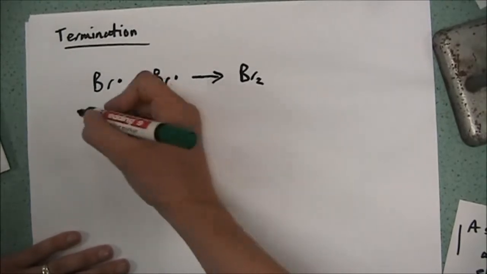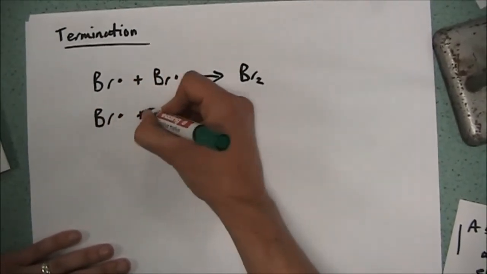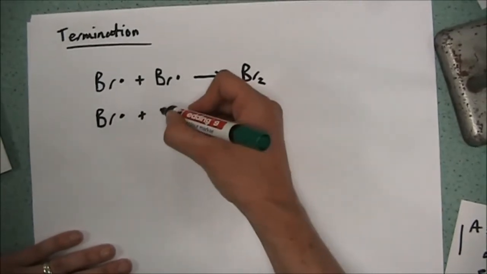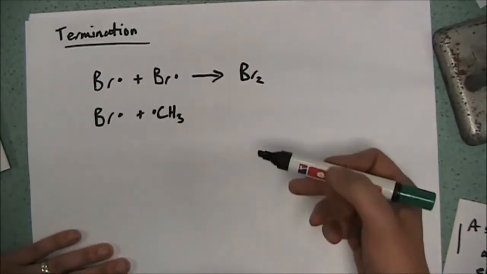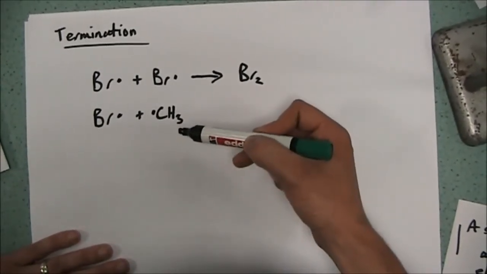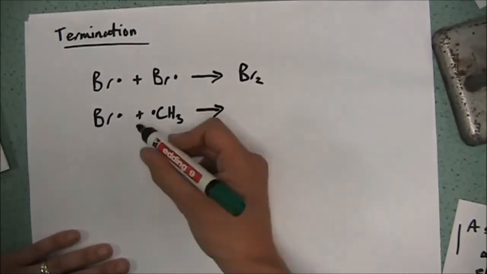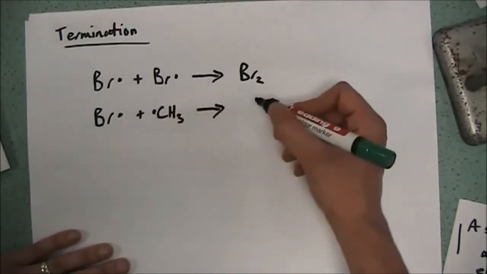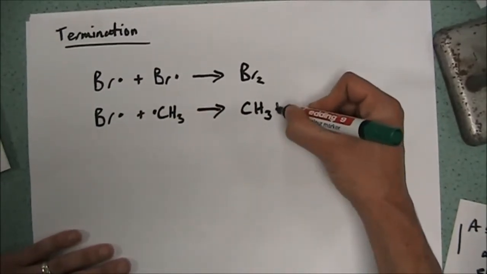The other thing that could happen, of course, we haven't just got bromine radicals there. We actually have a CH3 radical as well. So if the random collisions end up with a bromine radical and a CH3 radical coming together, they will also terminate each other. They'll share this pair of electrons in a covalent bond, and we'll end up with our product again, which is good.